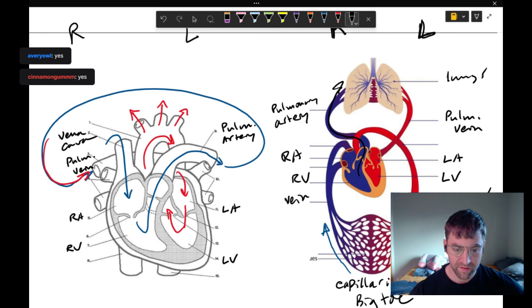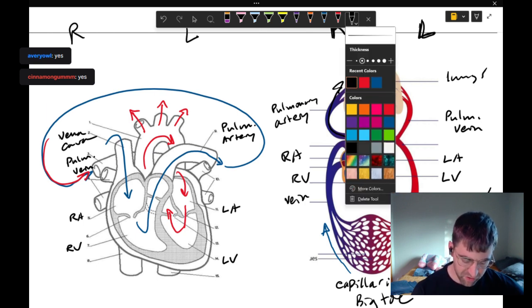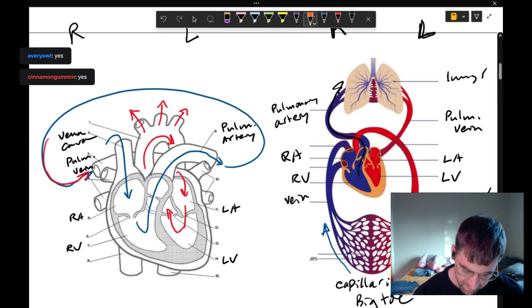We have a couple more structures here that are unlabeled. These are the valves between chambers. This one here, I think, is the tricuspid.